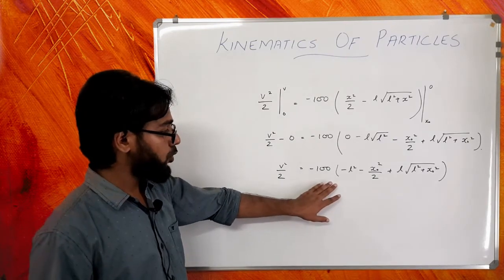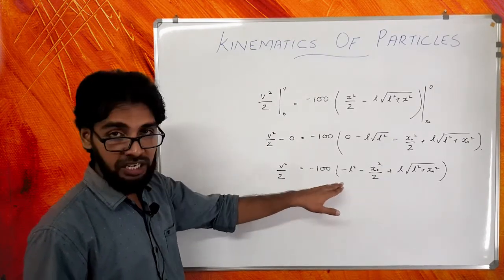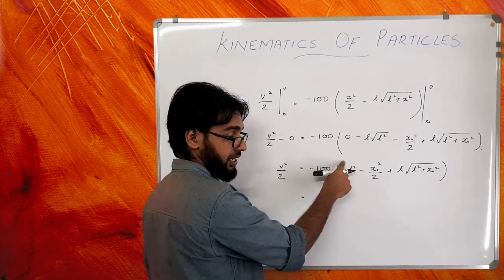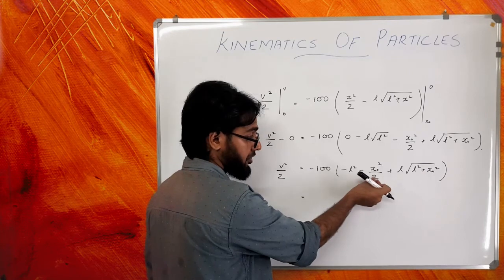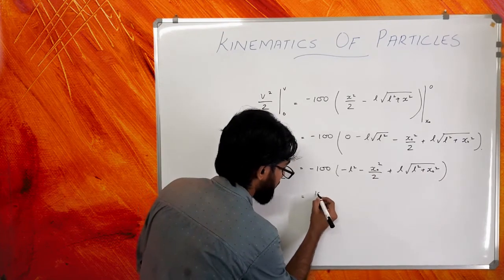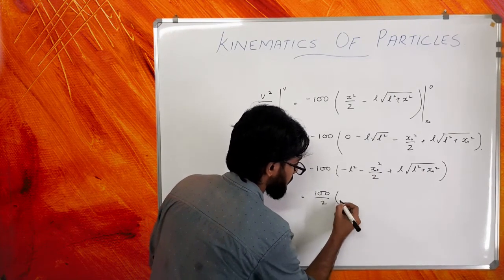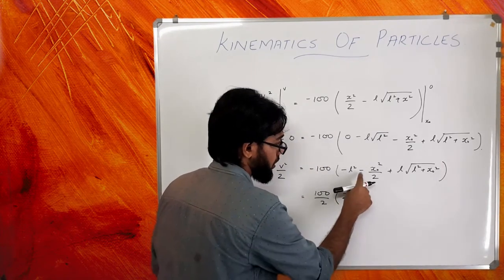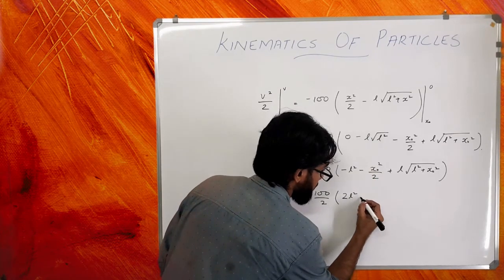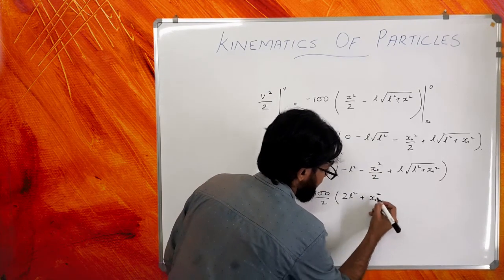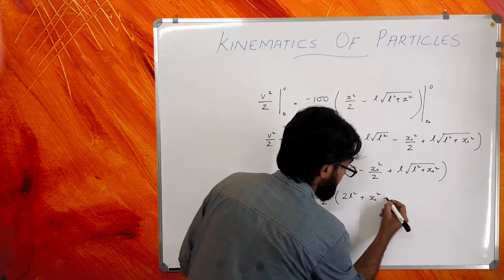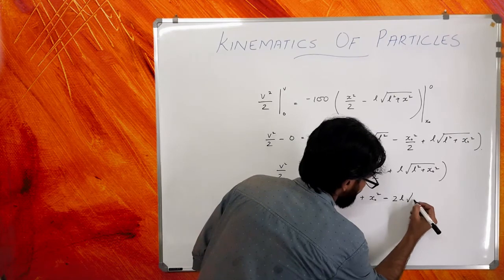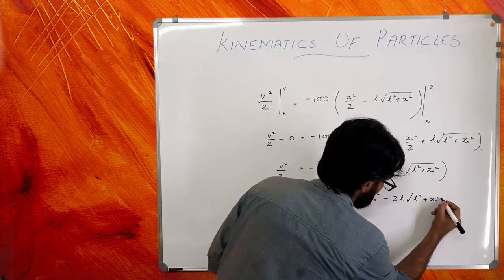Now look at this corresponding equation closely. I shall make a few adjustments here. What I do, I take the negative sign inside and I take the denominator by 2 outside. So I have here 100 by 2. This minus L square will become 2L square, minus x0 square by 2 will become plus x0 square, and then this corresponding value becomes minus 2L into root of L square plus x0 square.